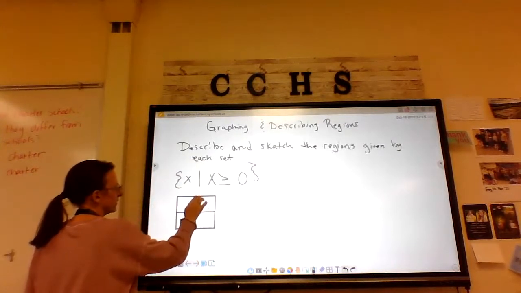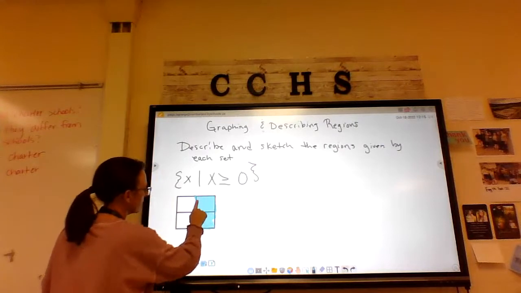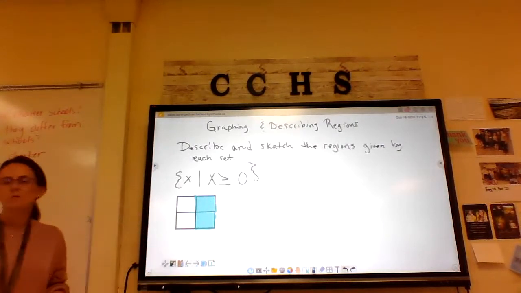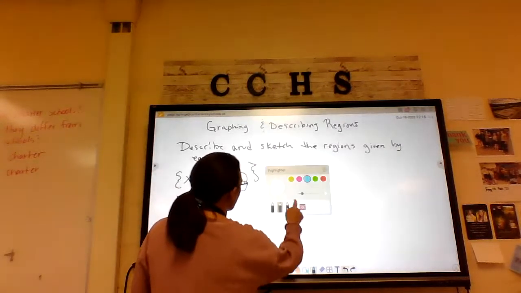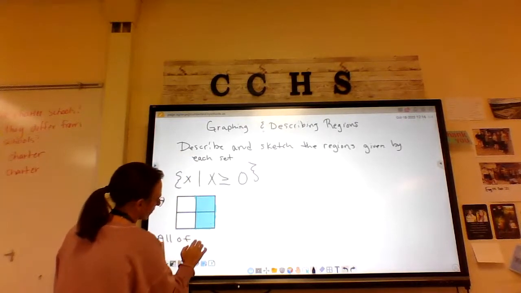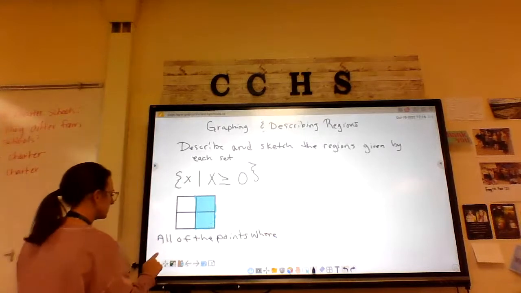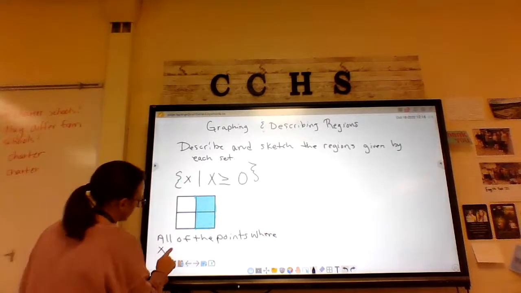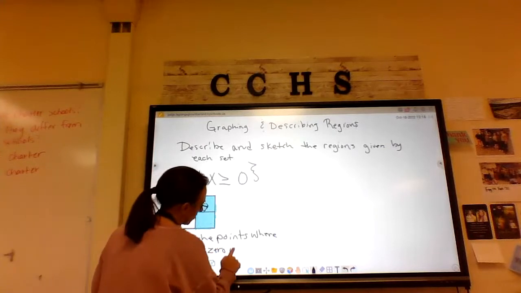So we would shade this, and we would shade everything over from it, right? That's what it looks like. And how would you describe that with words? Quadrant four shape. Okay. So basically, it's all of the points where x is either 0 or positive.